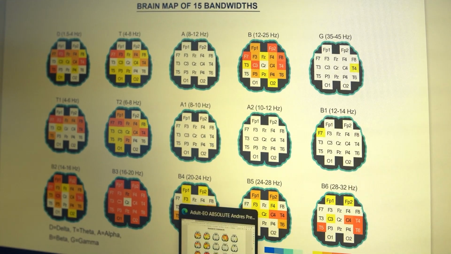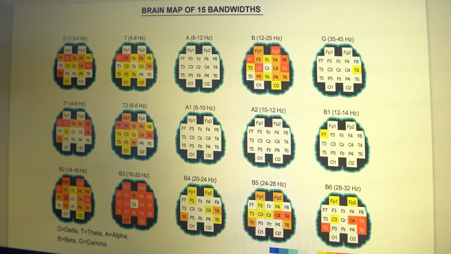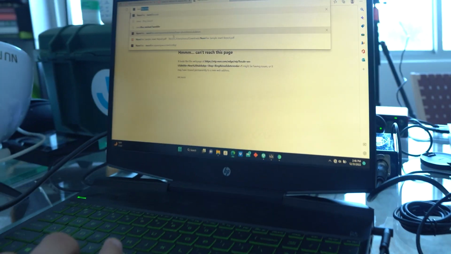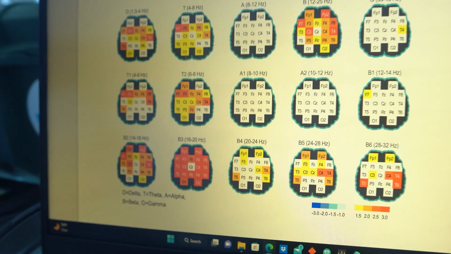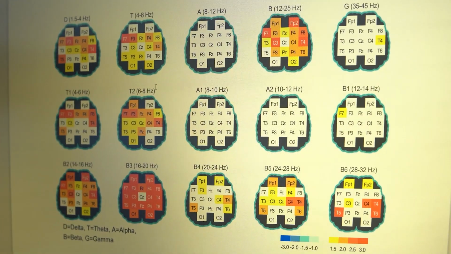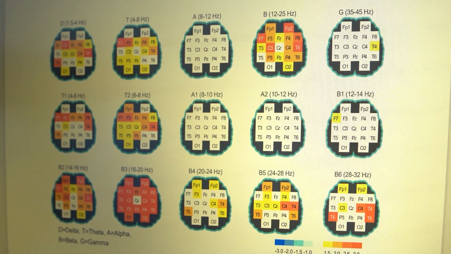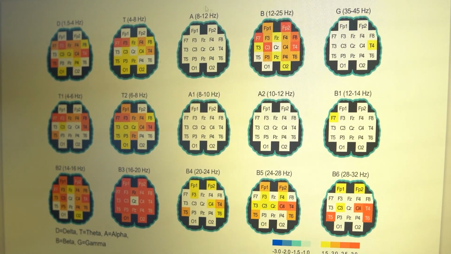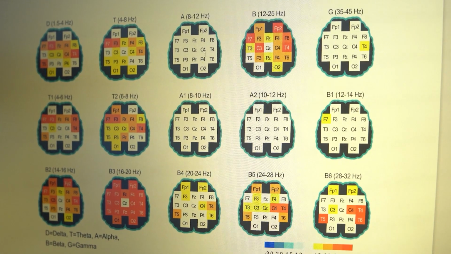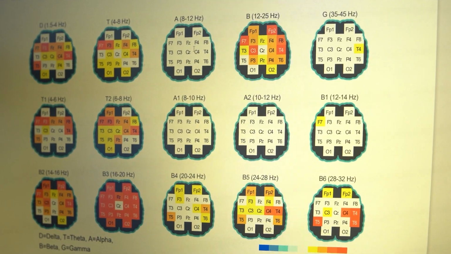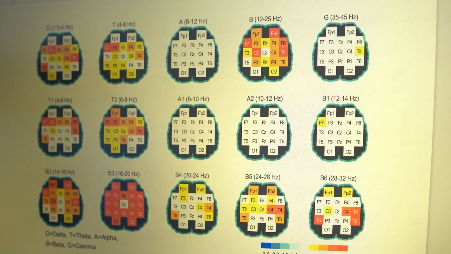Actually, something that might be really good, I can pull up PowerPoint that'll break down. This would be a good thing to show the camera. Okay, so basically this top row is showing the major frequencies that we're evaluating, and the white is showing normal, healthy activity. So for instance, in alpha, we're seeing all white.